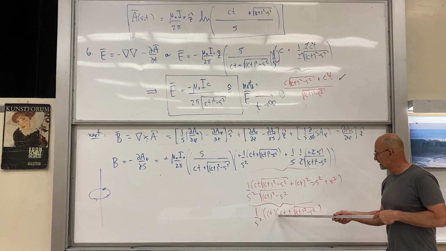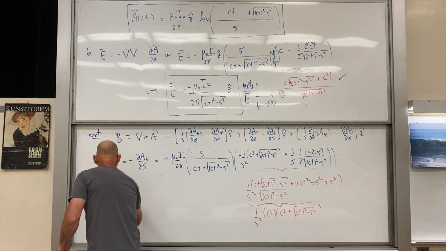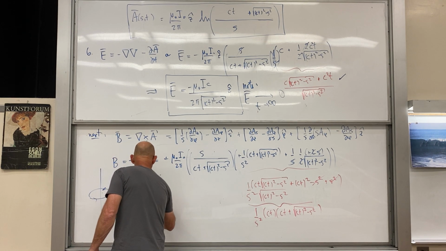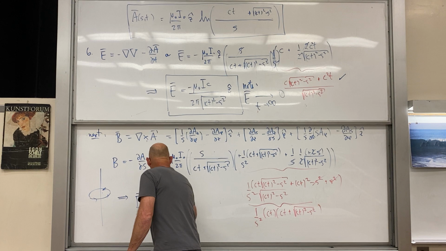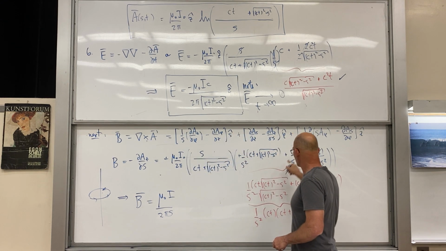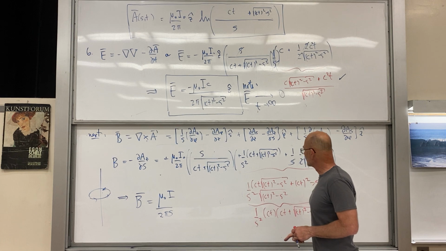Good. So we will have B is equal to mu naught I over 2 pi. There's that remnant S there, S squared, S over that S squared.